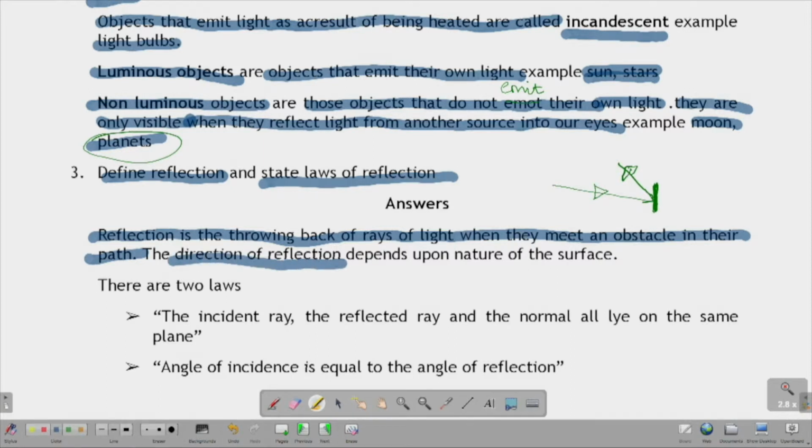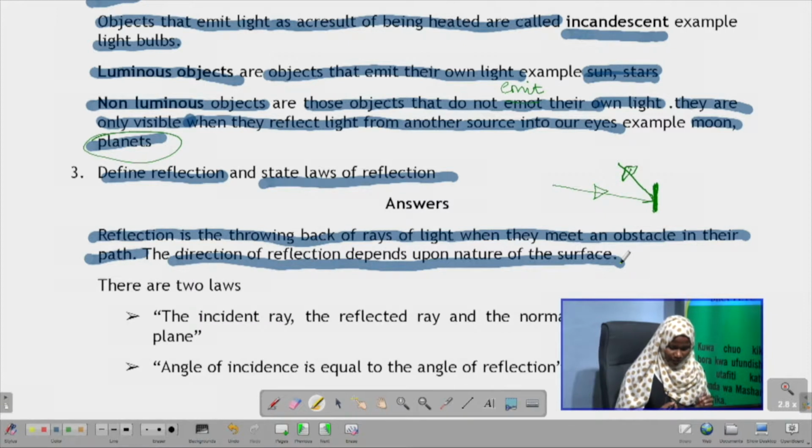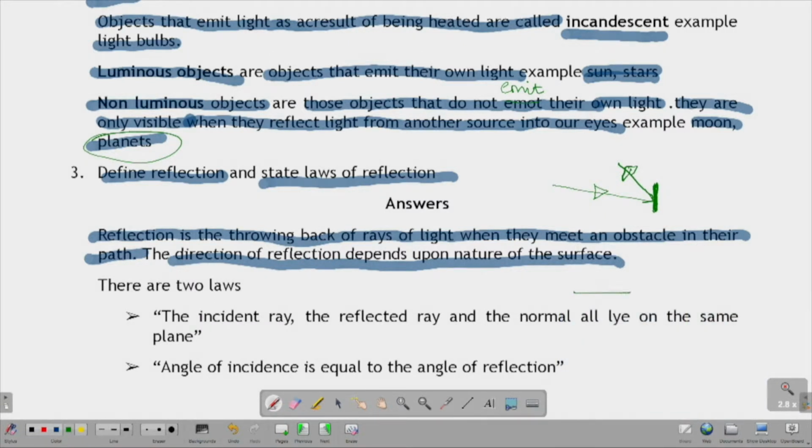The direction of reflection depends upon the nature of the surface. So we have two types of surfaces. We could have a smooth surface like this. This is a very smooth surface, and we could have a rough surface, maybe like this. This is a very rough surface.